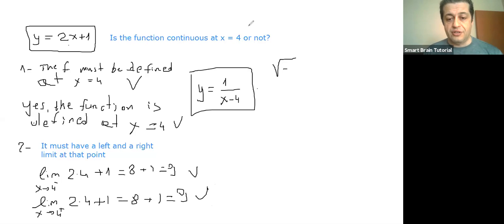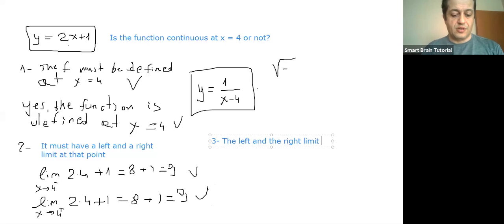And the third condition is the left and the right limit must be equal. In our case, they are both 9.